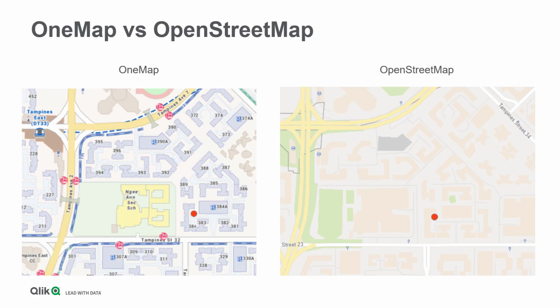For example, you can tell there is a school there. There are some bus stops, and you can see the MRT, what station it is, and what line it is. All this information is available in OneMap, so that you can use it very easily and get a very detailed view of map data.